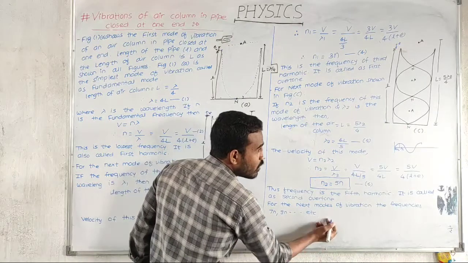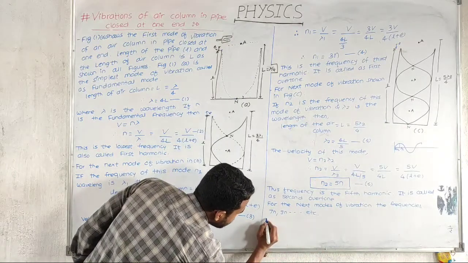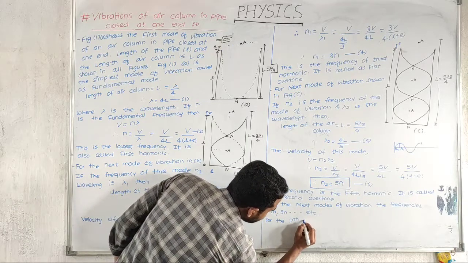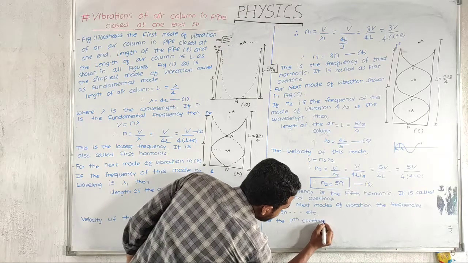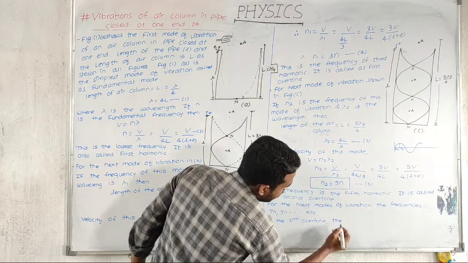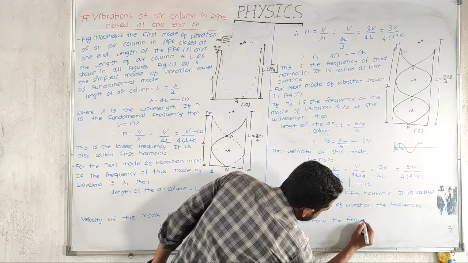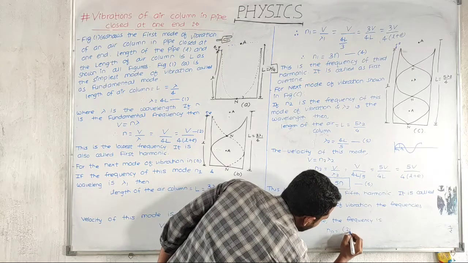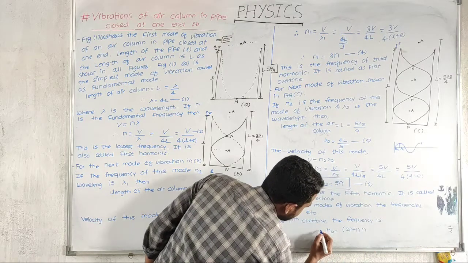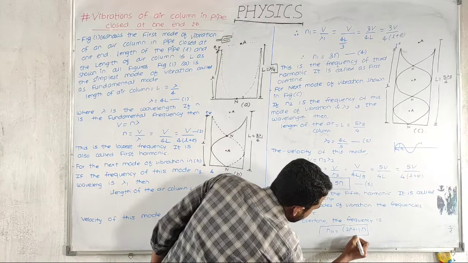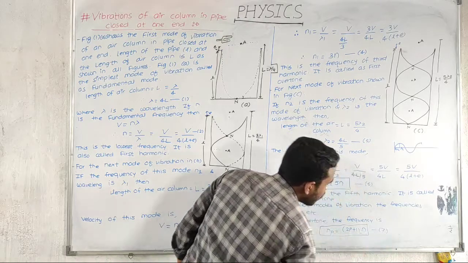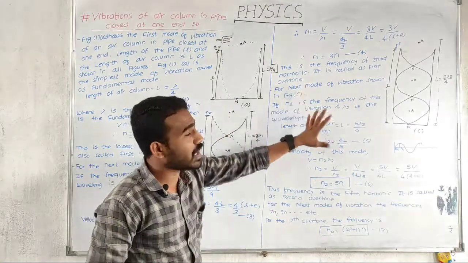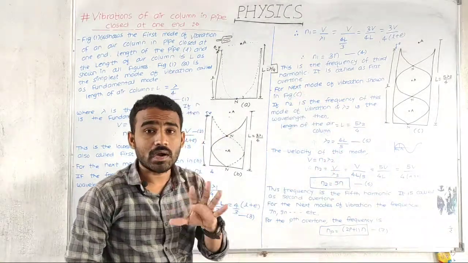The general formula for the frequency of the pth overtone is Np = (2p plus 1) into N. This is equation number 7, the general formula for the frequency of the next modes of vibration.